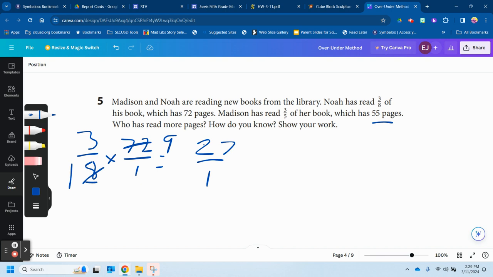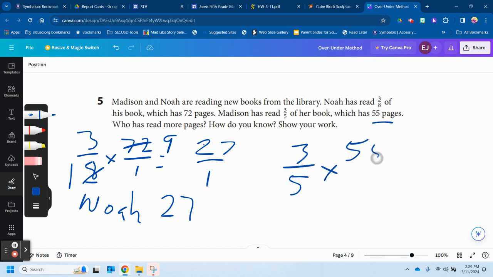So I'll put Noah read 27. And how much did Madison read? 3/5 of 55. I can simplify before I multiply. 3/5 is simplified, but 5 and 55: 5 divided by 5 is 1. 5 is my common factor. 55 divided by 5 is 11.